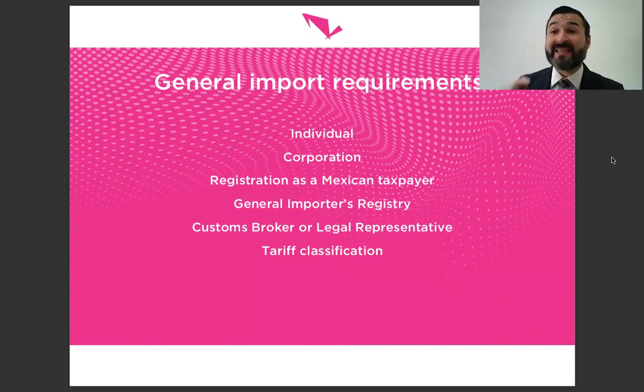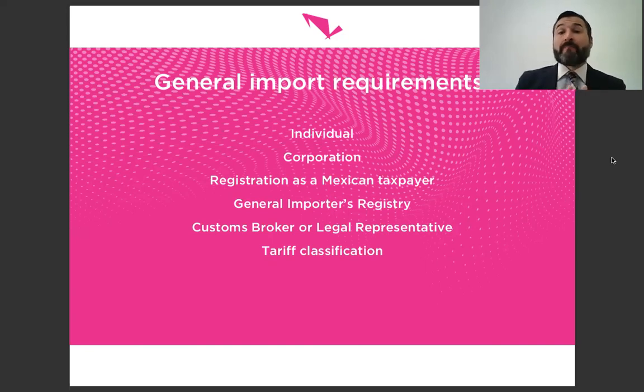And that means that if that registration or your registry as an importer is canceled or somehow suspended, you will not be able to import goods into Mexico. So this is a very important thing to keep and care about, okay?